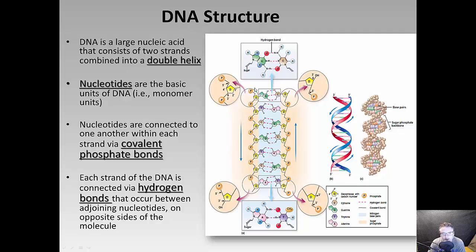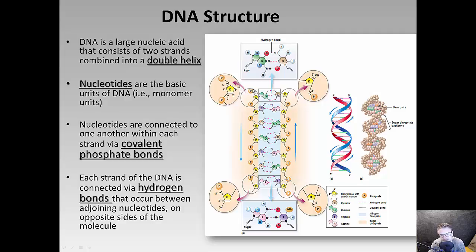So you have these nucleotides here. The nucleotide, by the way, is made up of this chemical group here, the adenine, guanine, cytosine, and thymine, but then it also has a sugar and then a phosphate to it. So it's really a 3-part molecule. This is called the nucleotide base, this is called the sugar, and this is called the phosphate.